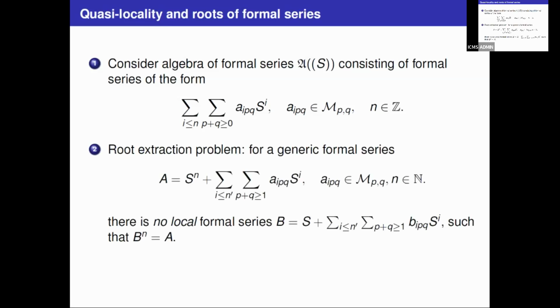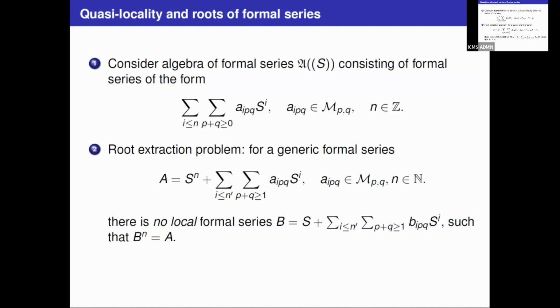We know that if we have a formal differential series D_x to the power n plus some differential polynomial times D_x to the power n minus 1 plus etc., then we can extract the nth root of this formal series. So if the coefficients of the original formal series are differential polynomials, then the coefficients of the root will also be differential polynomials. The same problem in the case of a difference formal series does not have this nice solution.